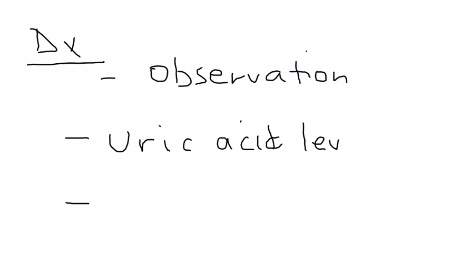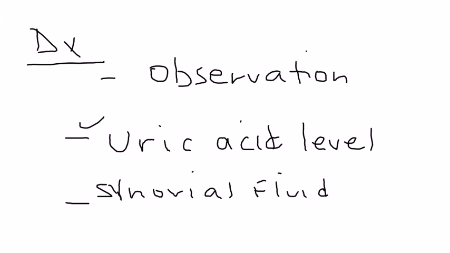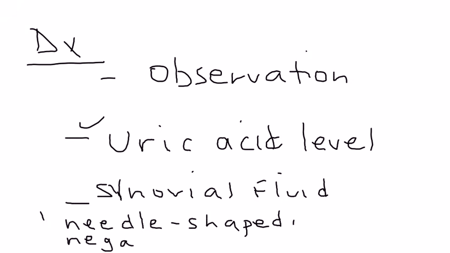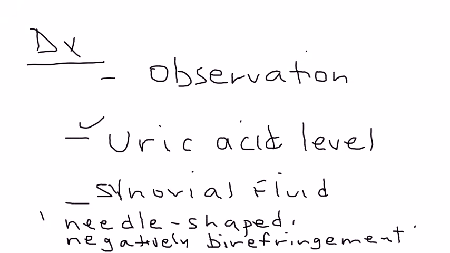Serum uric acid level, and then a really cool test that they test on licensing exams: you aspirate the synovial fluid from the joint, and then you look at it under a microscope, and they will be negatively birefringent. That's a terminology used to describe how something appears under the microscope. And we're of course talking about the uric acid crystals.